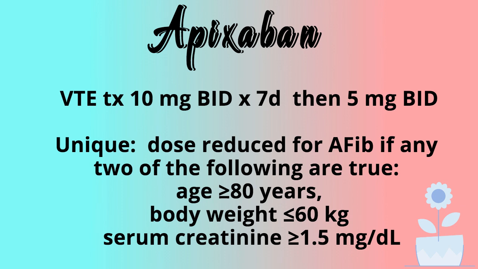So if your patient meets 2 of these criteria, that could be any 2 in whatever combination, then the dose is reduced to 2.5 milligrams BID, essentially half the dose.